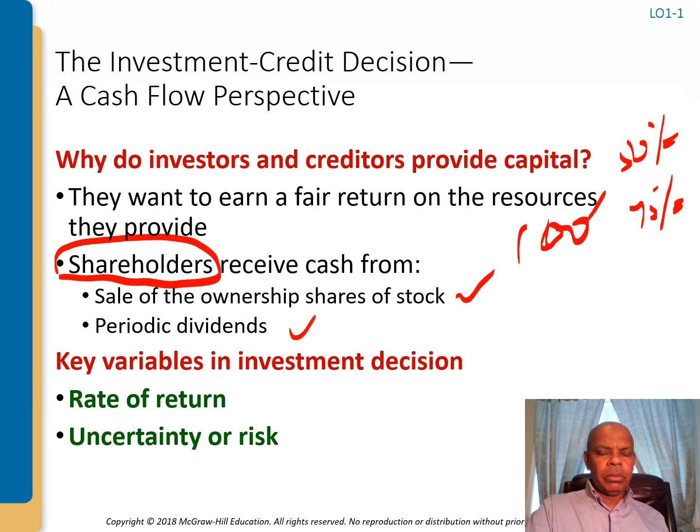So they sell, they make money. And also they get dividends if they hold the shares. You get dividends quarterly sometimes. For the most part, large corporations pay dividends on a quarterly basis. That's the return that you earn by having shares of another corporation.